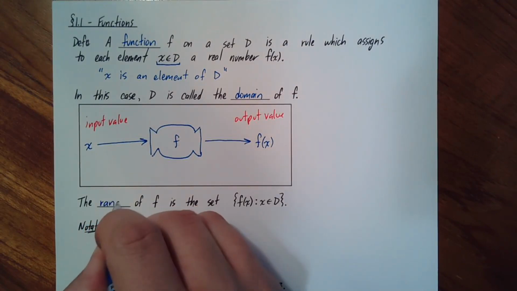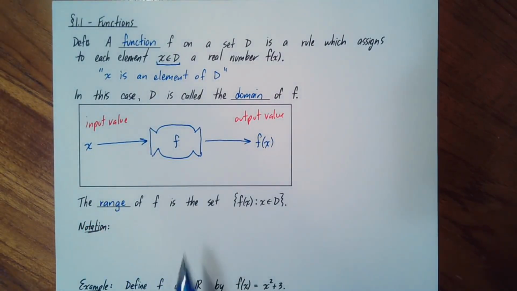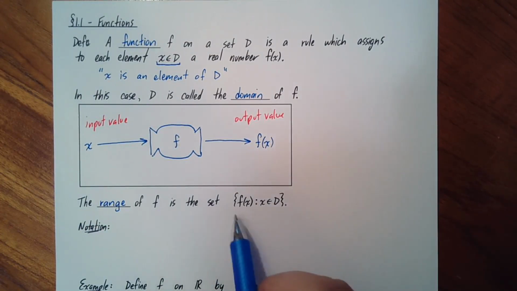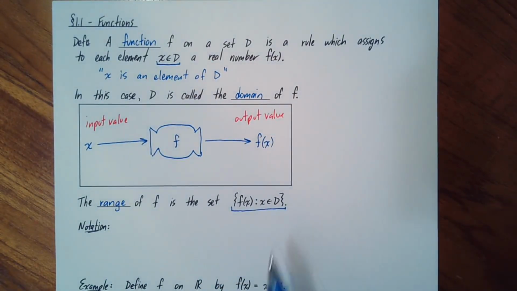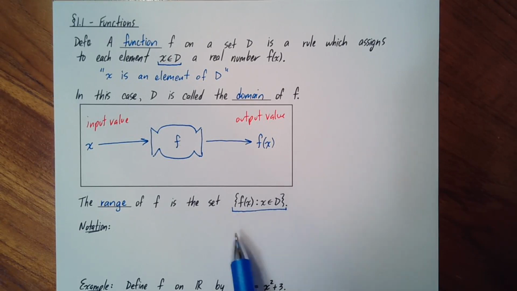So the range of the function f is the set, and here's the definition of the range. Now, let's take a moment to read this carefully. It may have been a while since you've seen something in this form, but this is called set builder notation. It's a way of describing a set using a very specific language. Here's how you would read this out loud.